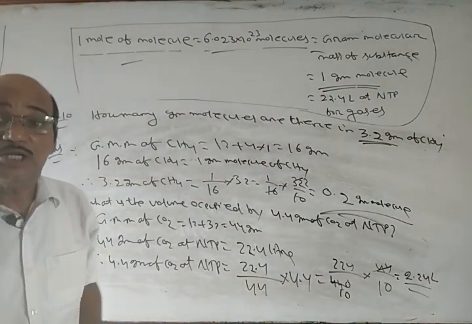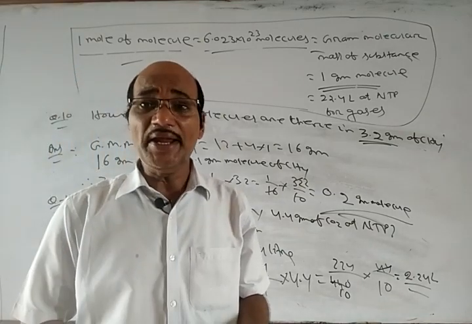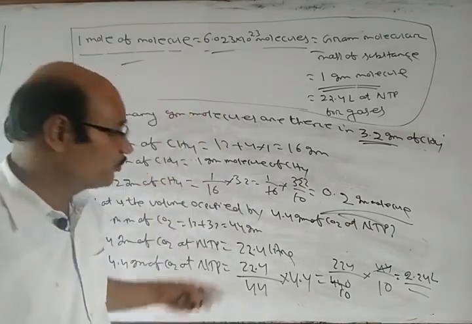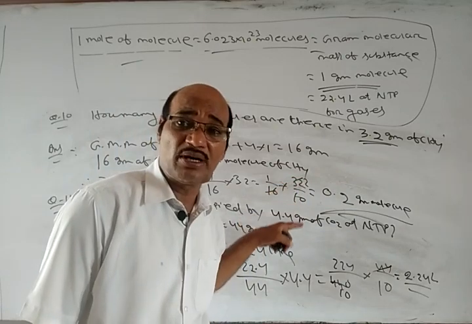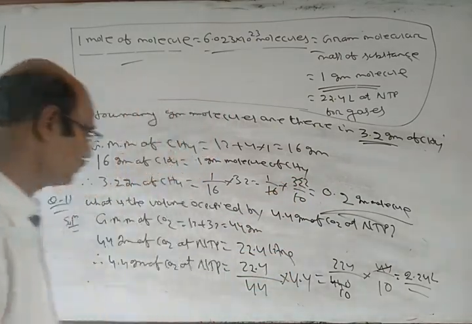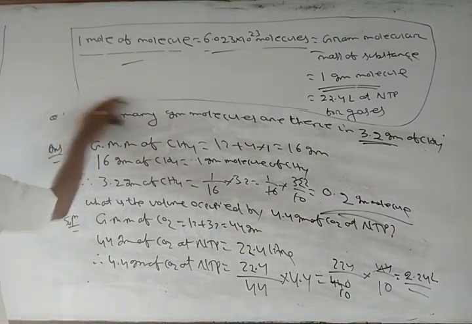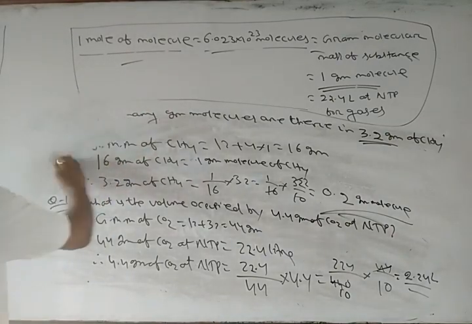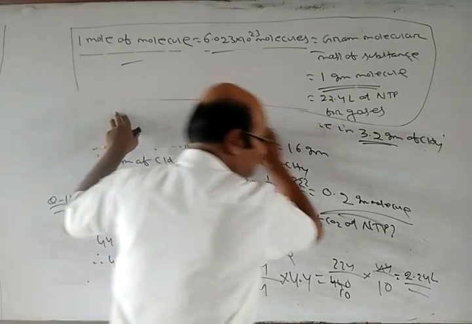So 44 gram of carbon dioxide at NTP equals 22.4 liter. Therefore, for 4.4 gram given here, 4.4 gram of carbon dioxide at NTP equals 22.4 divided by 44 into 4.4, which is 224 by 440 into 44 by 10, which equals 2.24 liter. So 44 gram of carbon dioxide at NTP equals 22.4 liter, therefore 4.4 gram carbon dioxide at NTP equals 2.24 liter. Okay. Similarly, we can go for mass to volume.